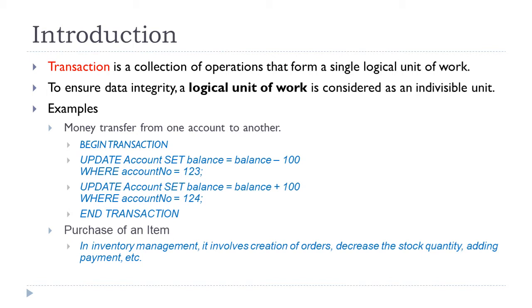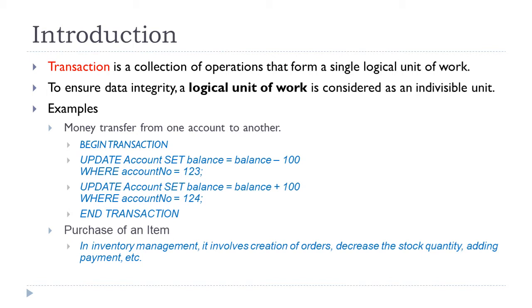For example, money transfer from one account to another involves two update operations. The first one deducts the money from the source account, and the second one adds the amount to the destination account. If these two instructions, as part of a single transaction, complete, then we would say that the money transfer is successful.